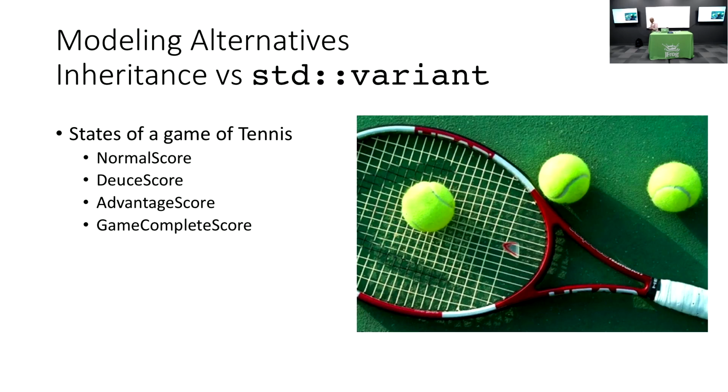Let's look at how we can model a domain, for instance a game of tennis, using sum types, and that would be std::variant in the case of C++.